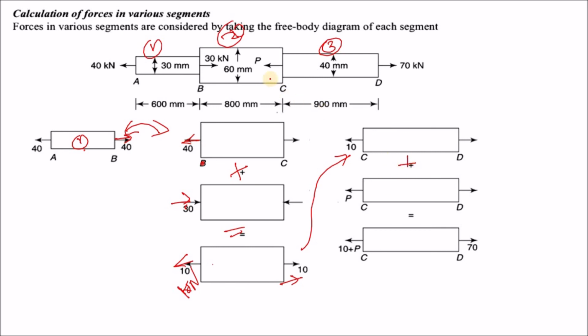Plus whatever load is acting here, P is acting. We should apply P. So the summation of both will be 10 plus P, and this side is already given as 70, so apply 70 here. 10 plus P equal to 70 for equilibrium. From that we got P equal to 60.